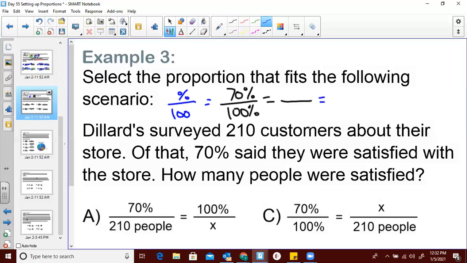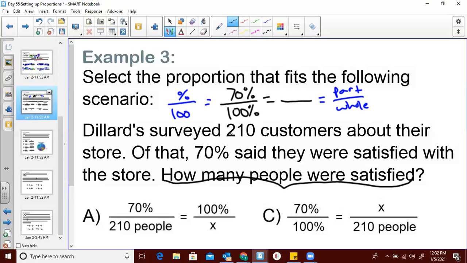Well, over on our other side, we're going to use what we just went over, which was part over whole. And we have to look at what the question is asking us. The question is saying, how many people were satisfied? Dillard surveyed 210 customers.